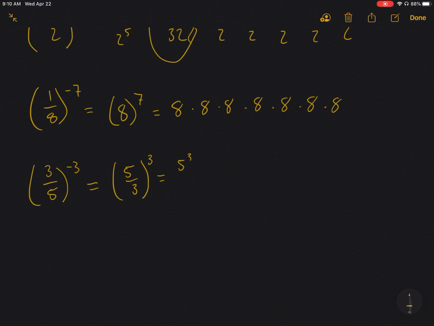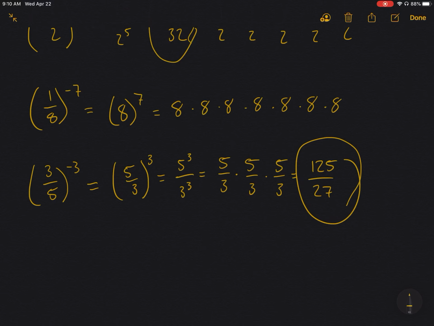It's either 5 to the 3rd over 3 to the 3rd, or it's also 5 over 3 times 5 over 3 times 5 over 3. 5 cubed is 125, 3 cubed is 27, so that would be our solution.